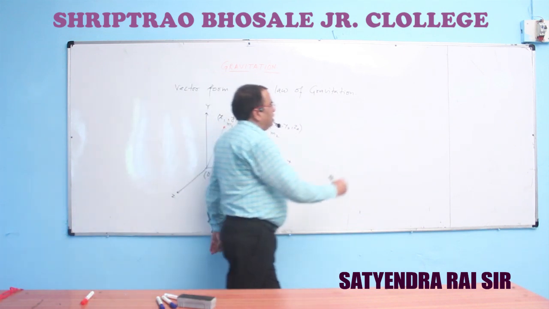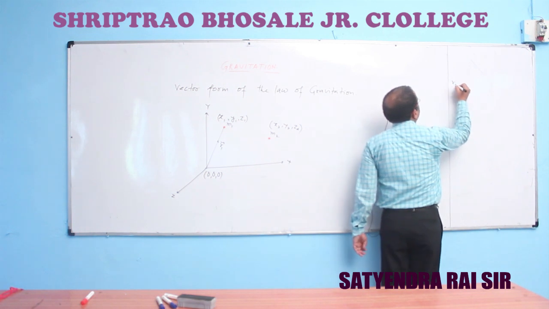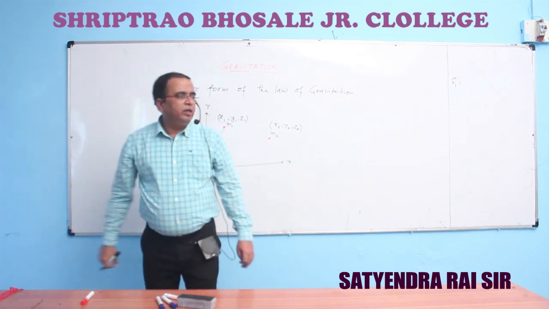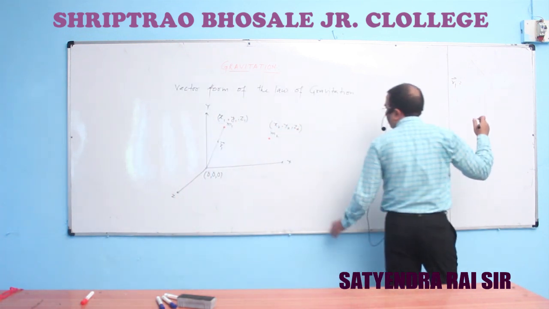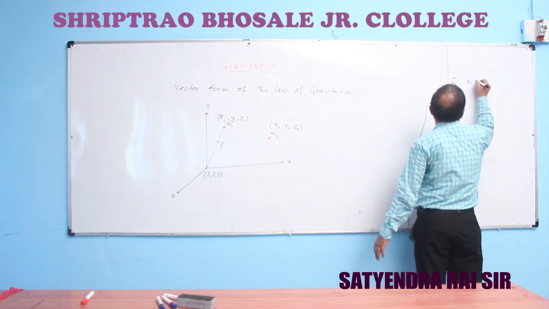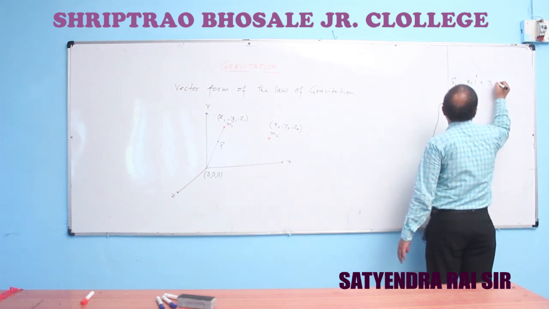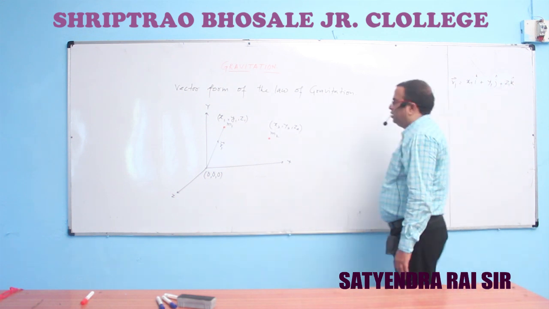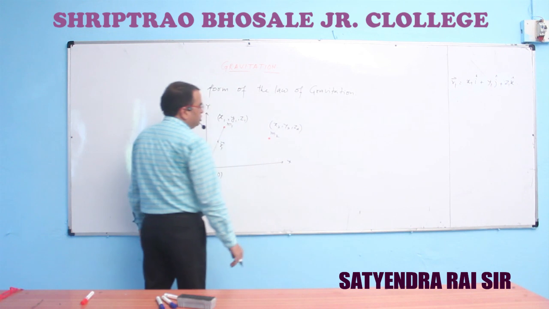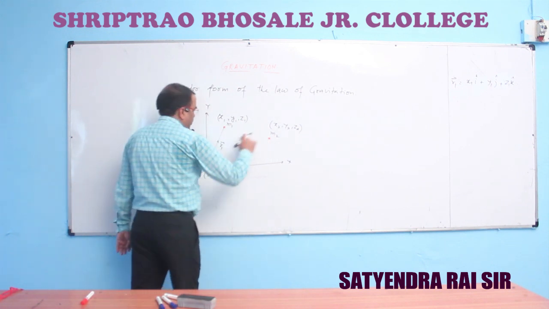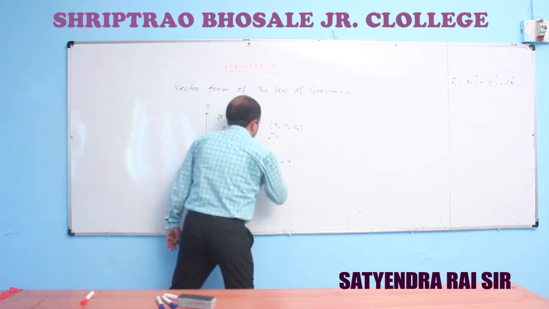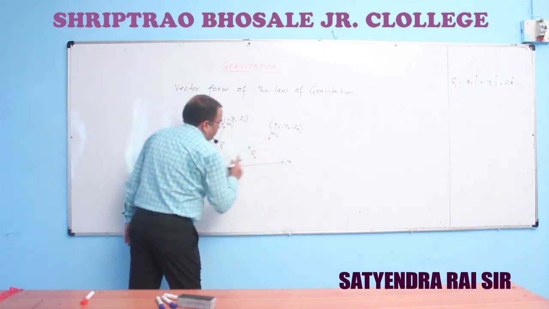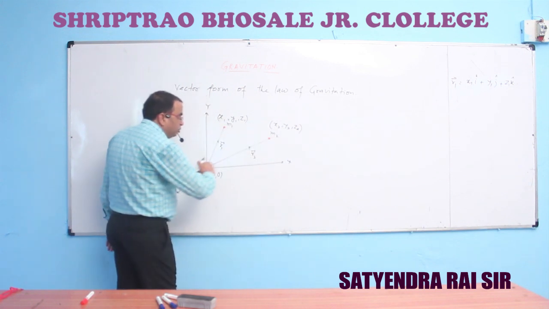So the position vector of the particle m1 is R1, and R1 is equal to x1 i cap plus y1 j cap plus z1 k cap. Similarly, for the position vector of the particle of mass m2, we join a straight line pointed towards the particle from the origin.